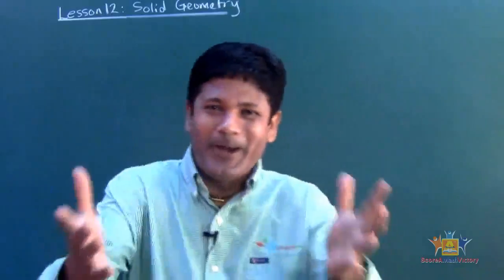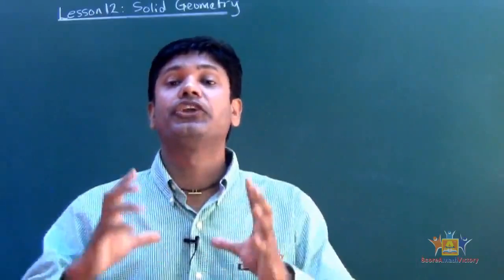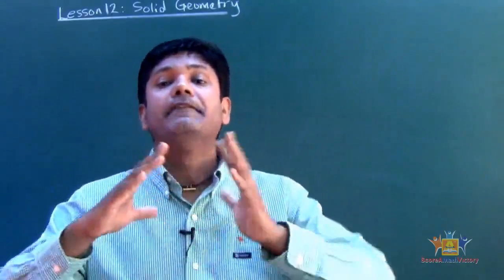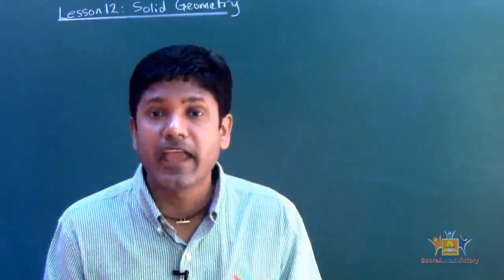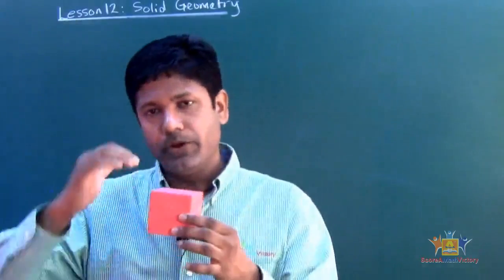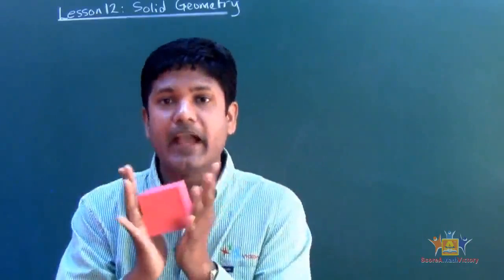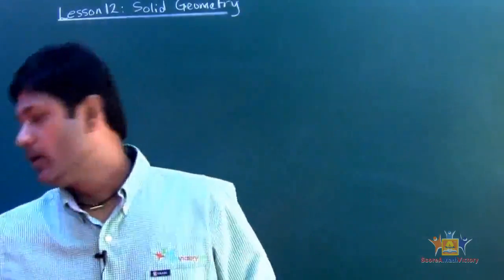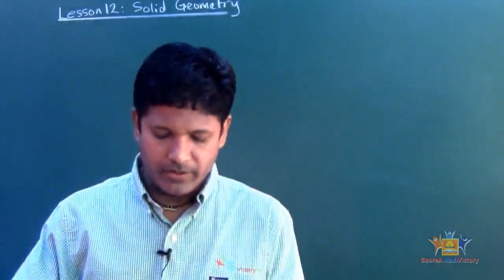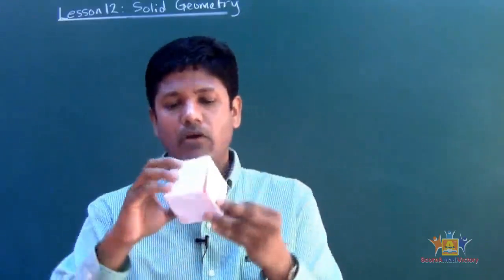Alright, my dear students, now let's cut a cube and cuboid and find out how many surfaces they have. First, let's say this is the cube. We're going to cut it along the corners and open it and see how many surfaces. Mr. Mac created a cover for the cube. Look at this right here, a cube, all covered up.